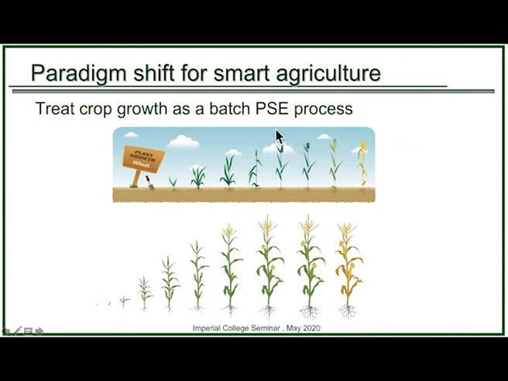So using agrohydrological models that are crop and zone specific, you can consider corn or wheat over an average 3 to 4 month growth cycle. From sowing to harvesting, you can consider this as a batch process with time varying dynamics. And during this batch growth cycle, you need decision support systems to ensure the right amount of water and nutrients for optimum process yields, just as in a batch chemical process, a polymer process, or a pharmaceutical process.